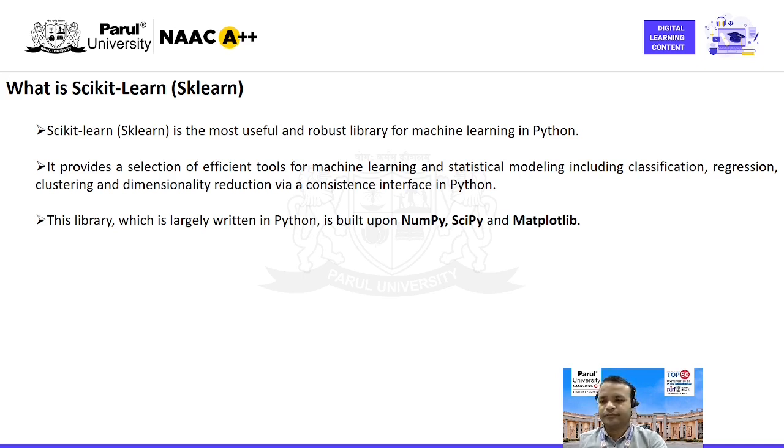Firstly, we discuss Scikit-Learn, or you can say sklearn. It is a basic, most useful and robust library for machine learning in Python. Whenever you develop any machine learning project, you must require the sklearn or scikit-learn library.